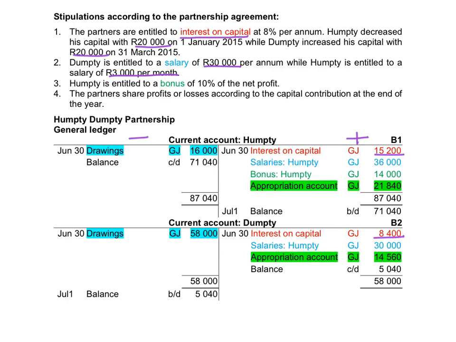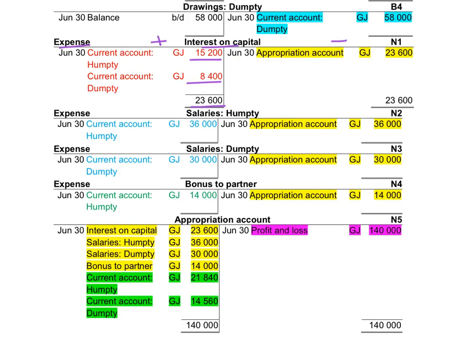So the current account will be credited with 36,000 and with 30,000 to increase the money owed to the partners, and we will debit the salary account. Salaries is an expense that increases on the debit side, and therefore we will debit the salary account.